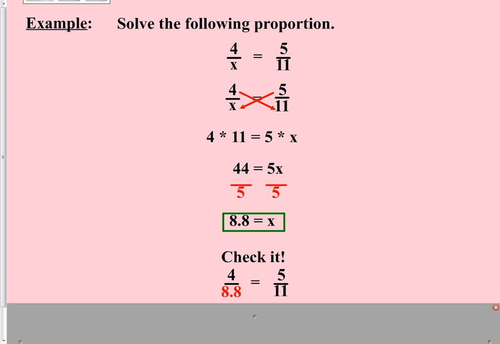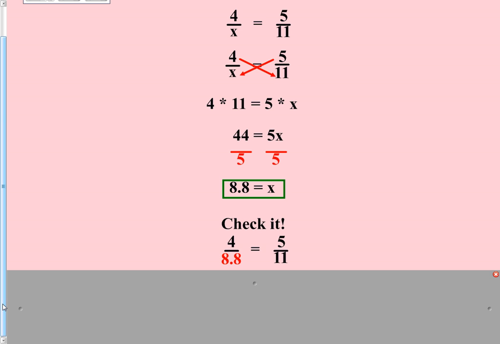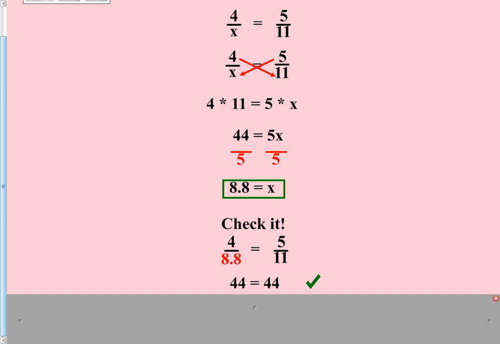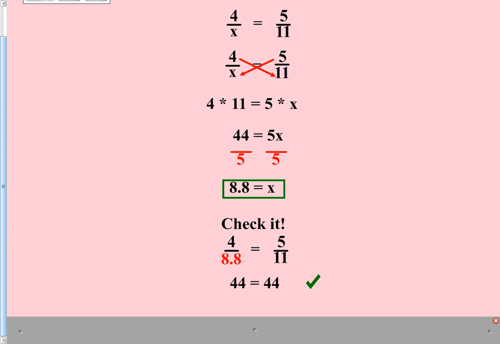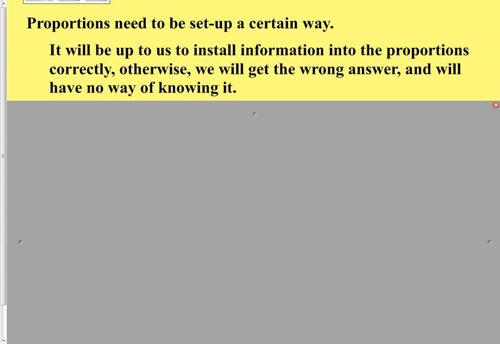So if we plug it back into the original proportion, this ought to tell us if it is true or not. Cross multiply again. 4 times 11, 44. 5 times 8.8, also 44. Does 44 equal 44? Well, of course it does. That means we have arrived at the correct value. x equals 8.8.